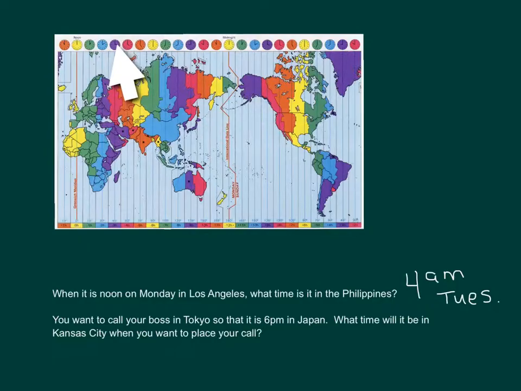It's now noon here, so I'm going to get into the early morning. 11, 10, 9, 8, 7, 6, 5, 4, 3, and it's the wee early hours of 3 a.m. And I'm still in the same day because I haven't gone a full 24-hour cycle yet to get to the next day. I started at an early enough time in the morning and 6 p.m. Now, if I wanted to talk to him in Japan around noon, then that would take me into a different day back in Kansas City.